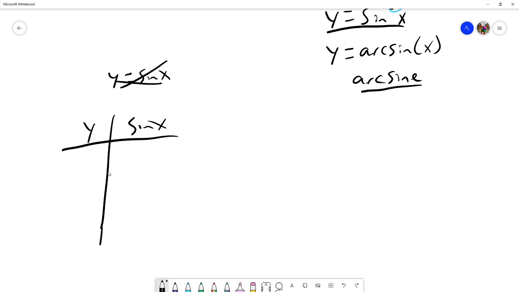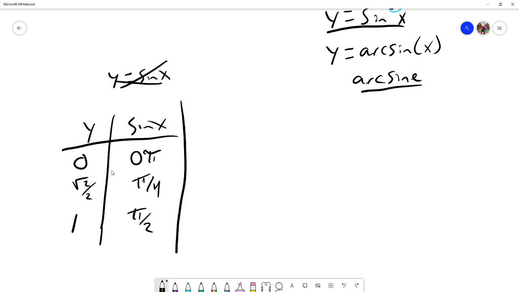We know that if we plug in 0 for x, sine of 0 is 0. So our output is 0. If I plug in, say, pi over 4 into sine, we get out square root 2 over 2. If I plug in pi over 2, we get out a 1.